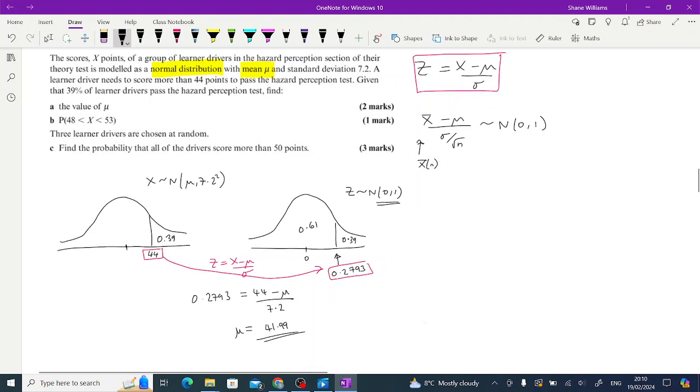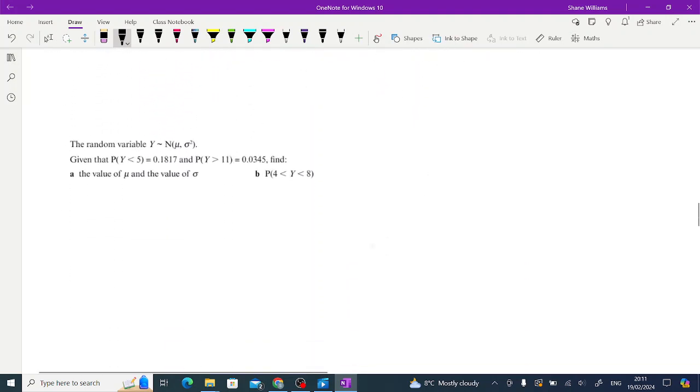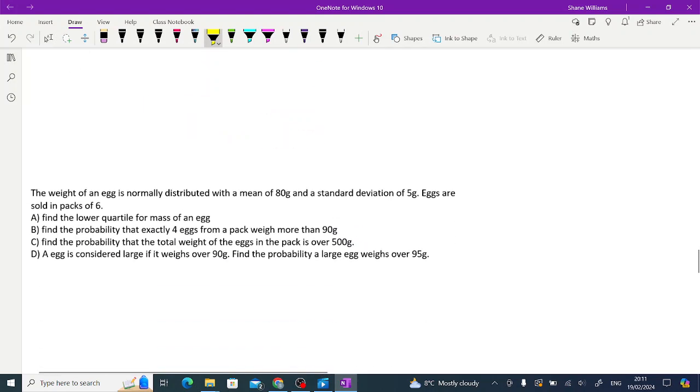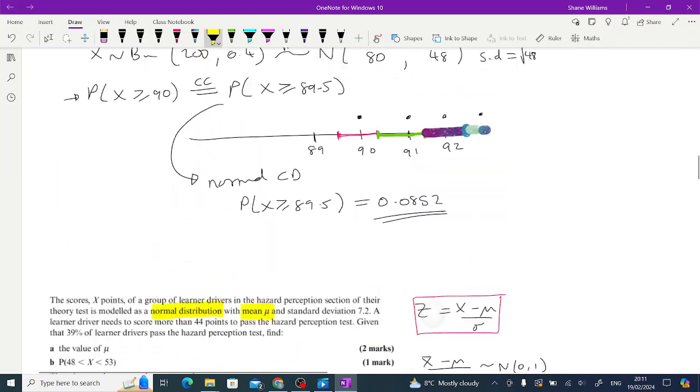It might be the case that you have to do this when there's two unknown parameters, in which case you just repeat the process with two different conditions, and then solve simultaneously. Once you know the mu and the sigma, you can find out anything else you might be asked to find. That's technique 3.